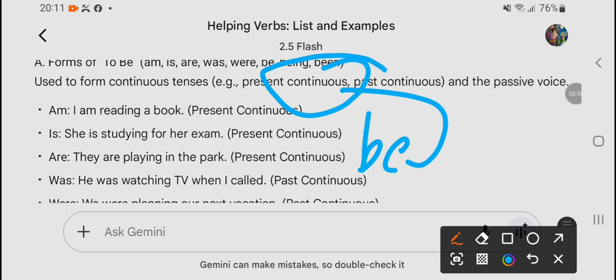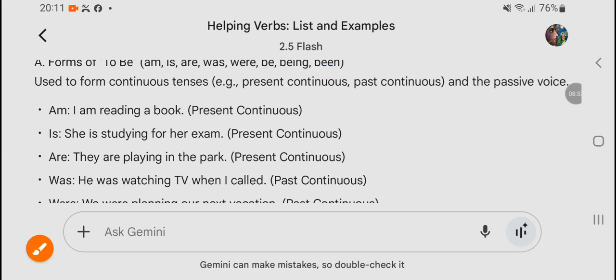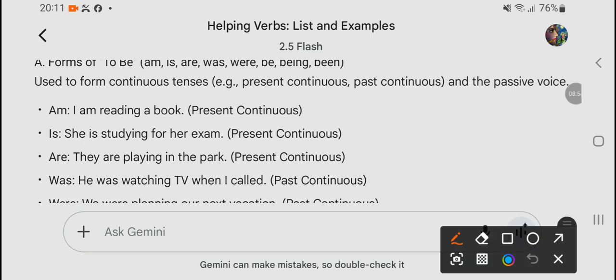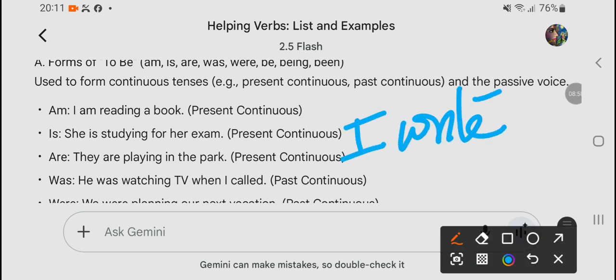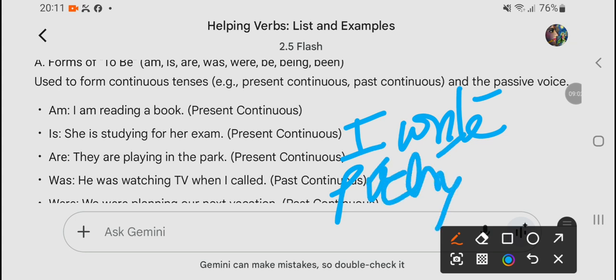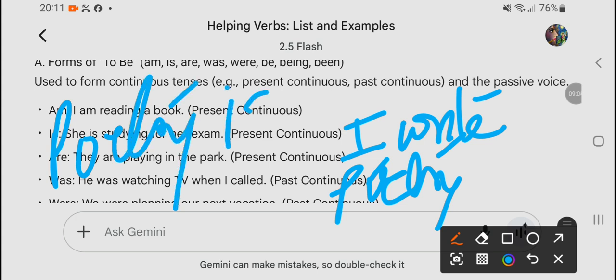And passive voice. I told you passive voice, for example, I write poetry, right? So poetry, then helping verb is written by me.